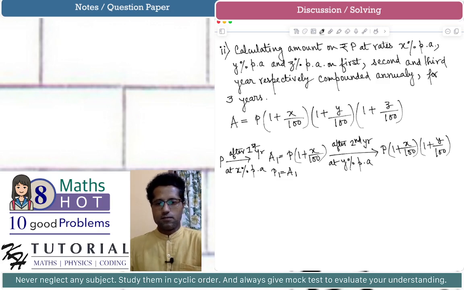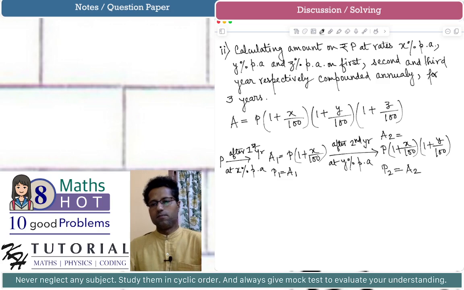So this is the amount at the end of the second year, and obviously P2 will be equal to A2, that is, P2 is the principal to be considered for the calculation of interest for the next year. So we have completed 2 years, and at the end of 2 years the amount is P into 1 plus X by 100 multiplied by 1 plus Y by 100.